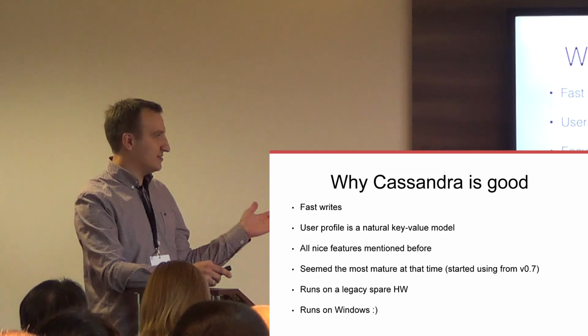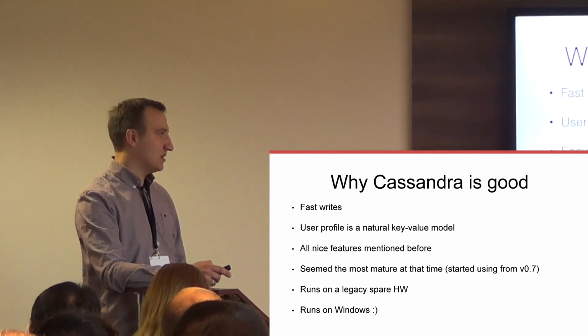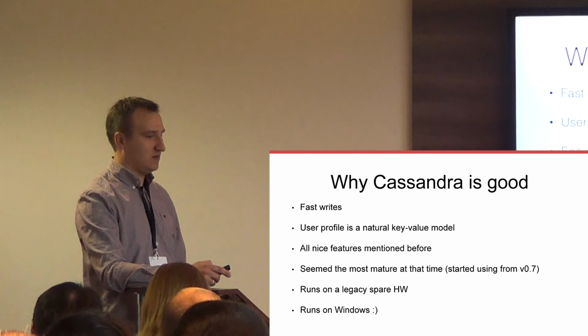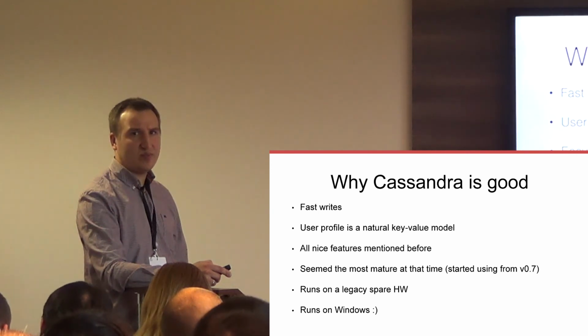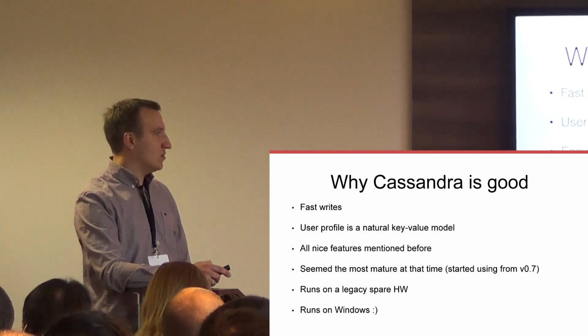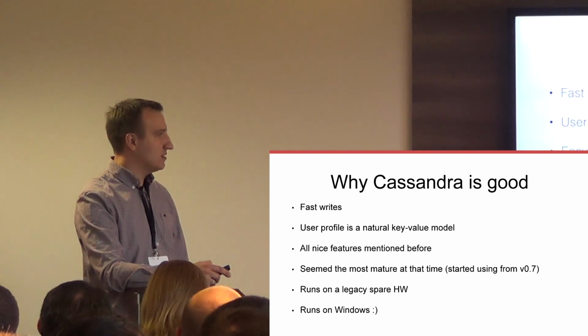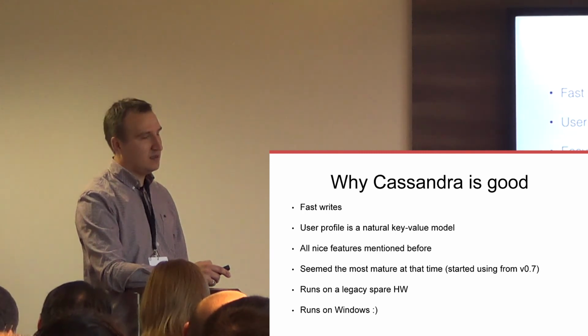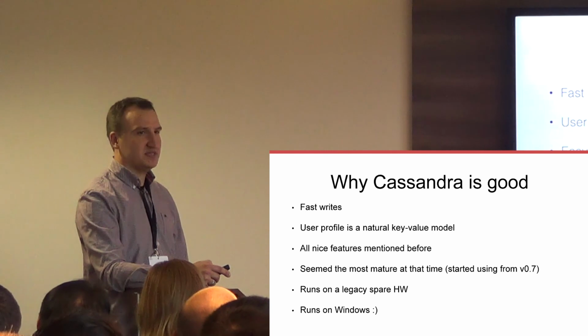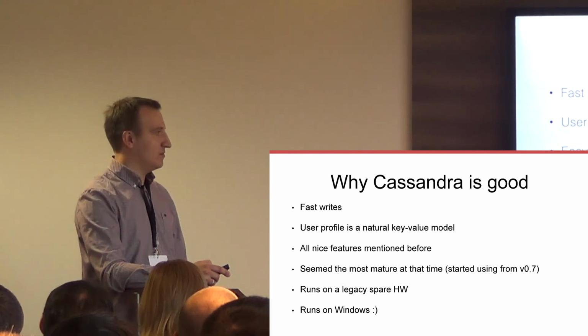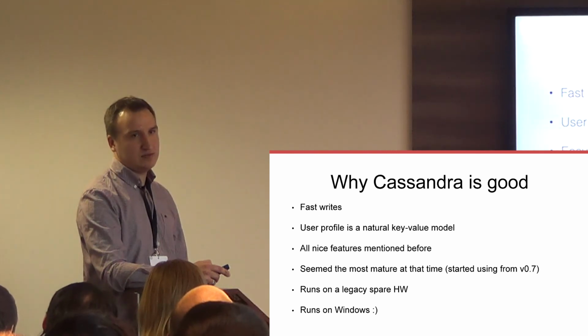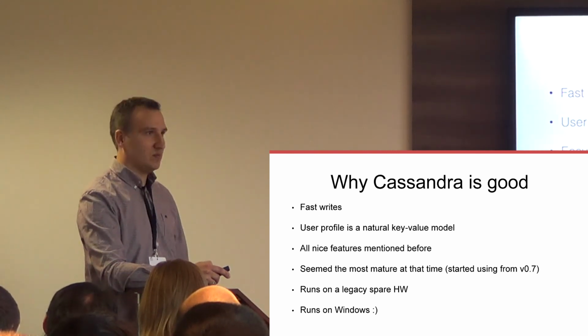As I said, it runs on legacy hardware. This means that you can even have your Cassandra cluster on Raspberry Pi. Yeah, so having a Cassandra cluster on Windows has actually the same effect as having it on Raspberry Pi. So deploy it on Linux, don't use Windows, Cassandra.